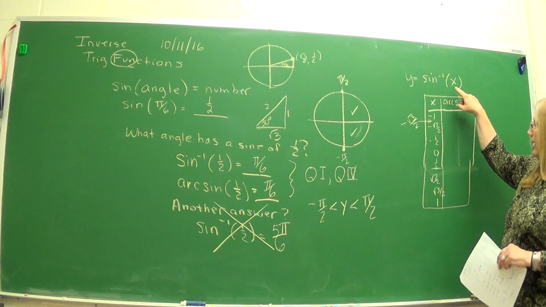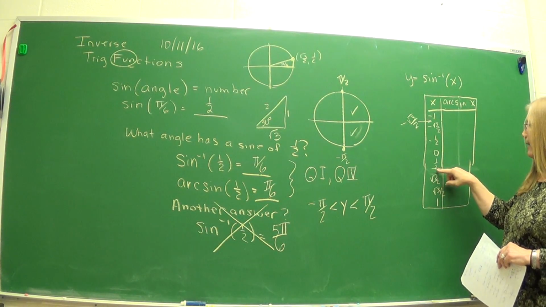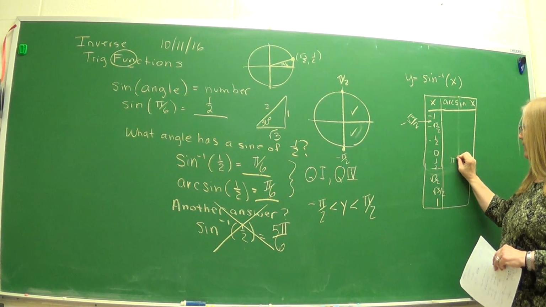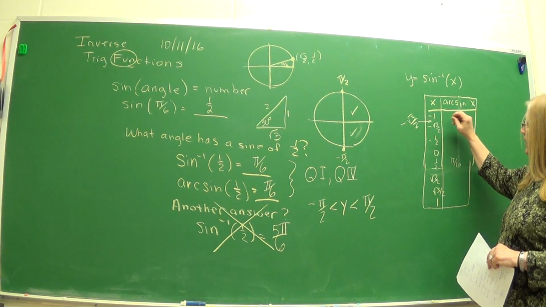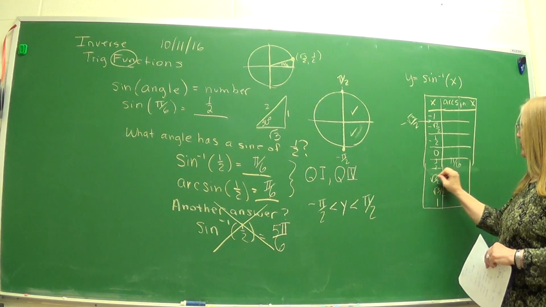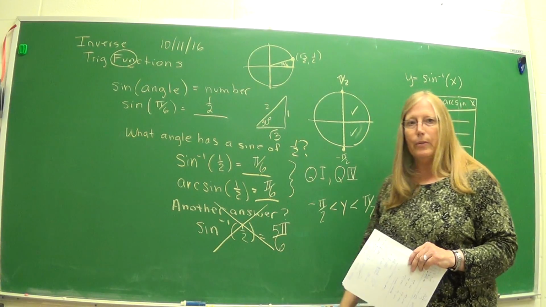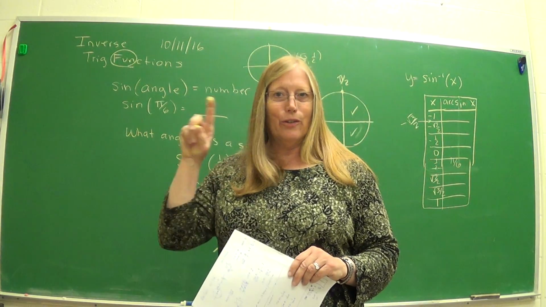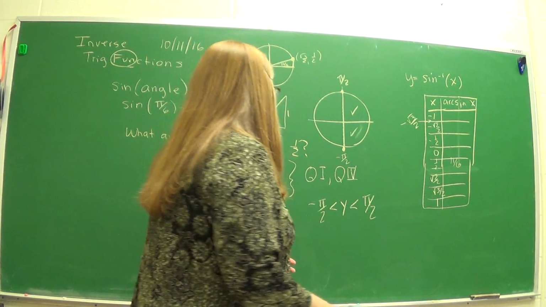So the inverse sine: what angle has this as its sine? And the answer was pi over 6. I would like you to finish the chart for these other values using your unit circle. If you don't have your unit circle with you, remember how to draw it. All right, so that's that part.